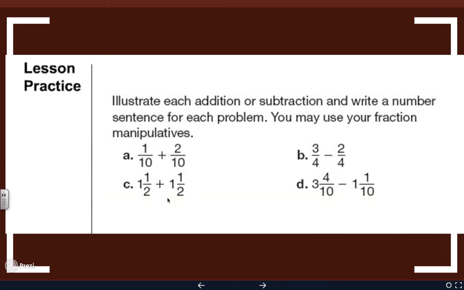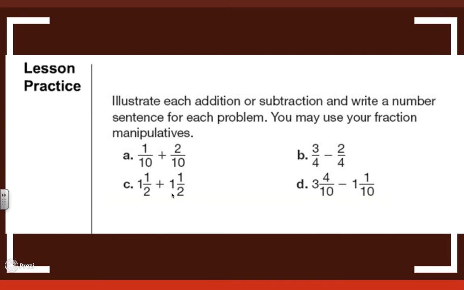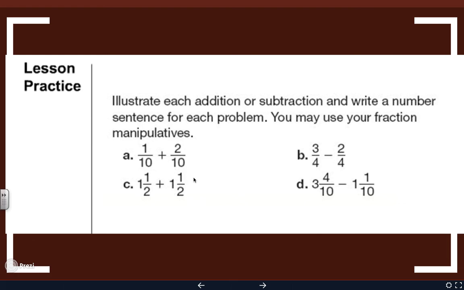And then when you add with mixed numbers, you add the whole numbers first, then you add your fractions together. If your fraction becomes a whole number, like this one will be 2 over 2, that becomes a whole number. And you have to answer the question, not the whole number and 2 over 2. Give me just the whole number, all right?